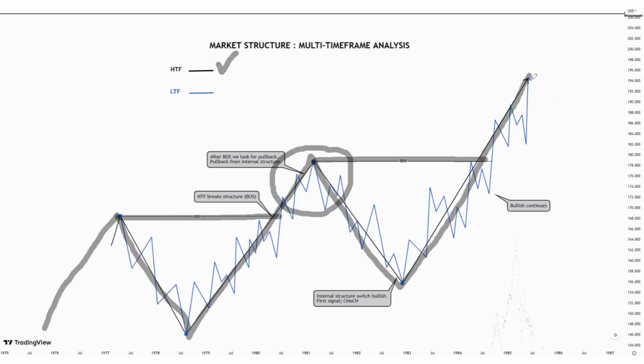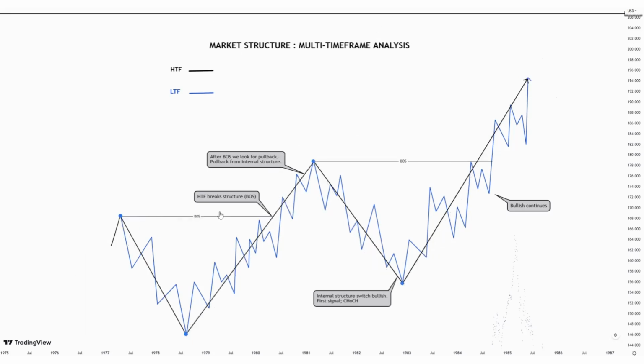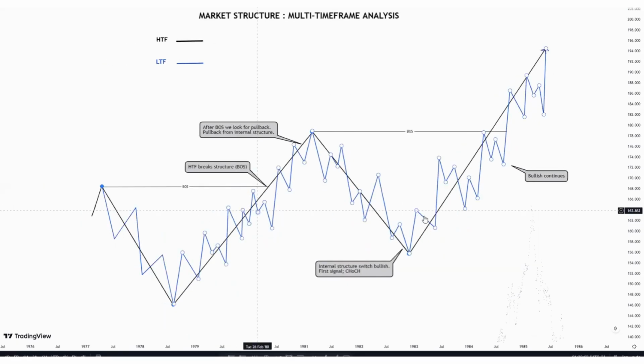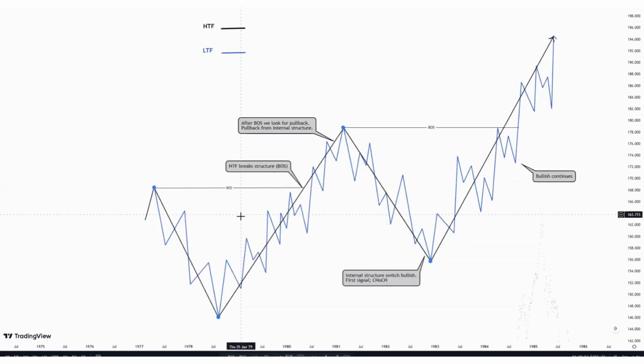You have to look at the lower time frame for the price to give you a signal that we're now about to pull back, then we push again. But you may be aware of this and still not be able to get entries if you don't understand internal structure. So this is internal structure here.